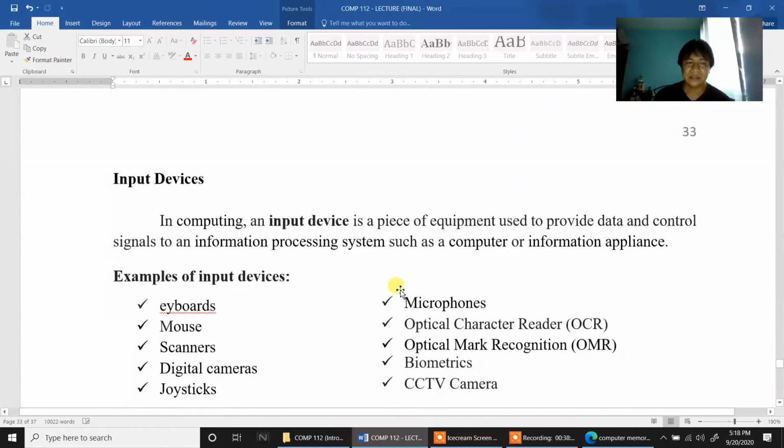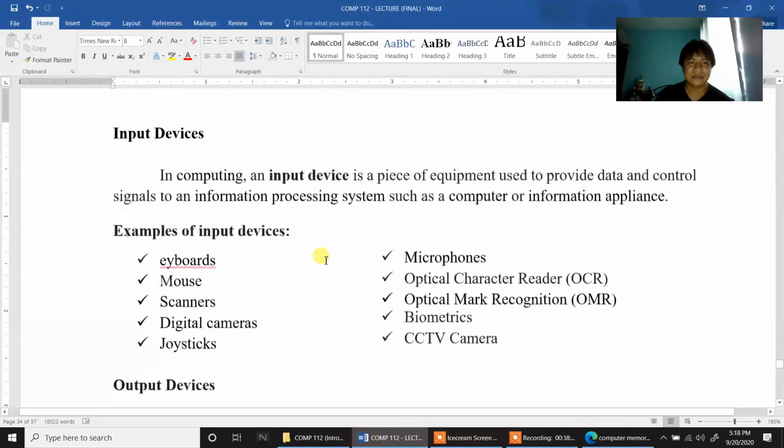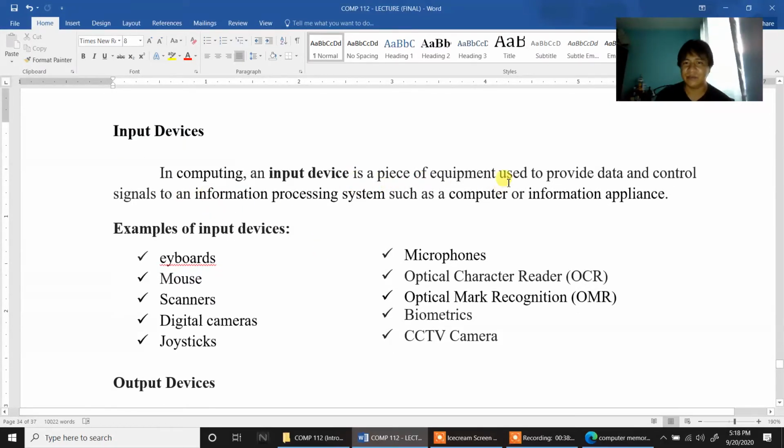Okay, so input devices, I will make it fast. An input device is a piece of equipment used to provide data and control signals to information processing systems such as computers and information appliances.